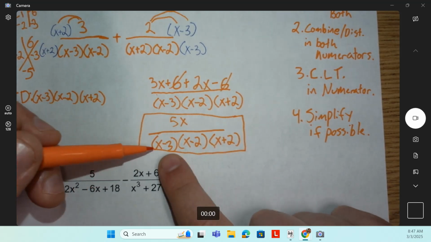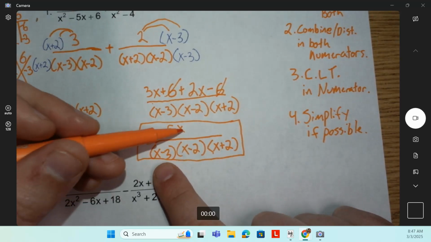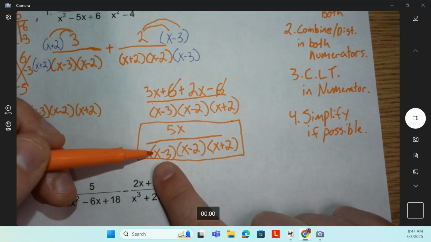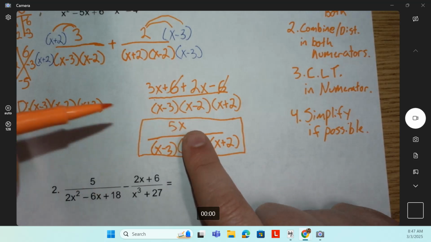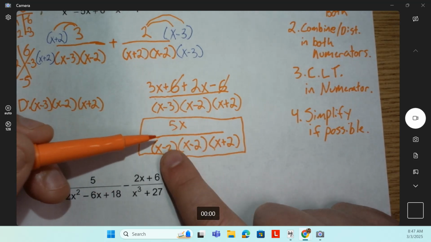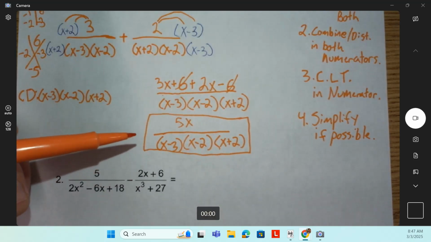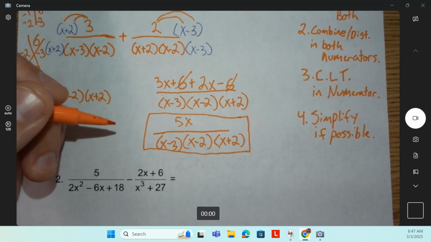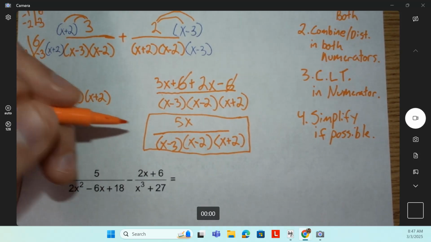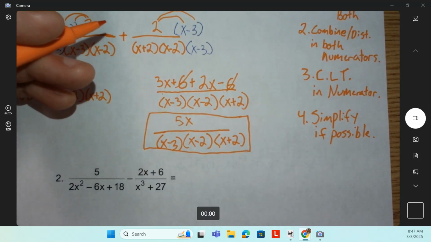For instance, I couldn't say this x and this x cancel out because this x has a 3 subtracted from it and this one doesn't. If there was an x up front being multiplied by it, then yeah, I could do that, but not with this. So there's no simplifying that's possible here.